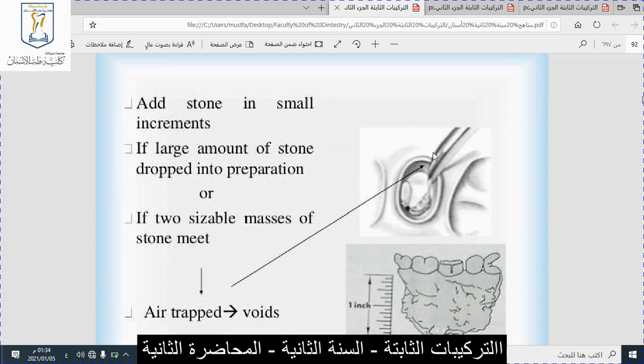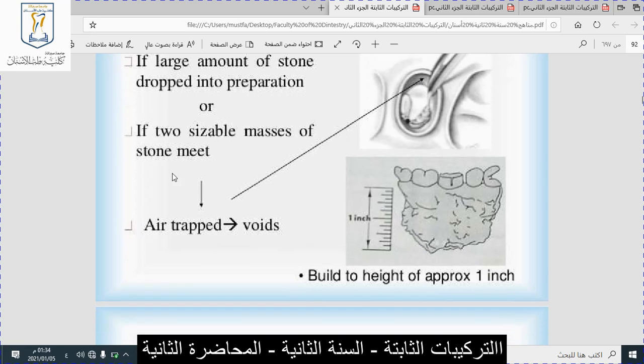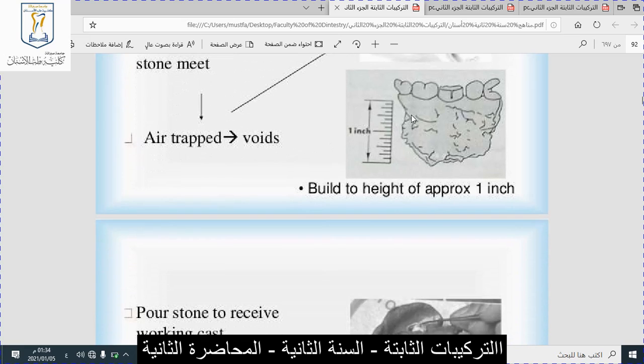Add stone in small increments to ensure there is no air trapped inside, and that the two sides of the mass of stone meet. Prevent air voids that would distort the wax pattern or cause problems in the cast.